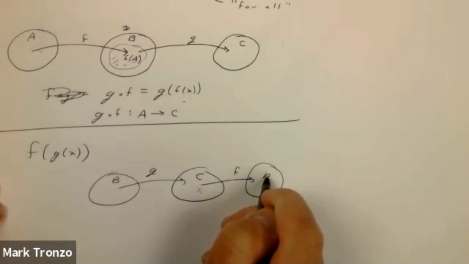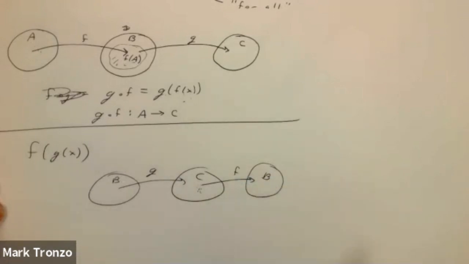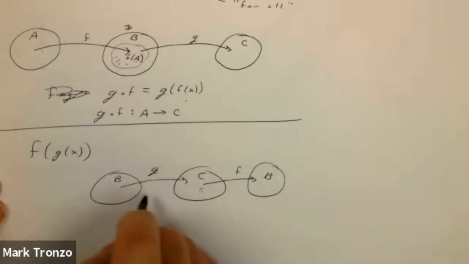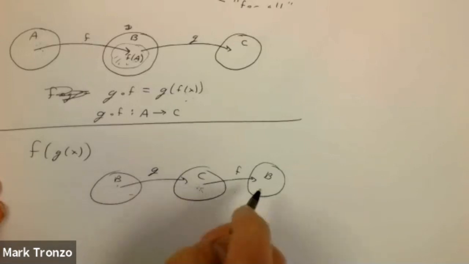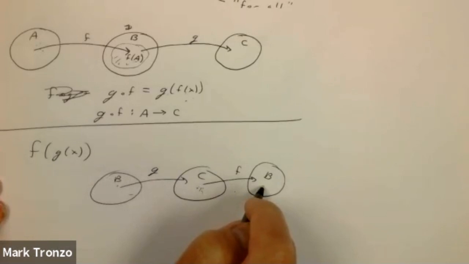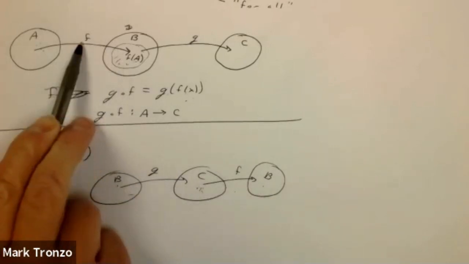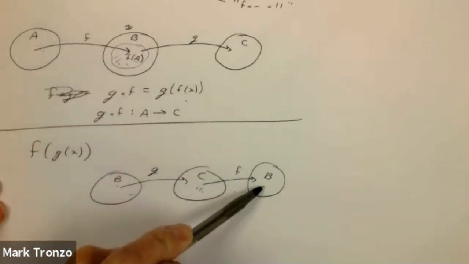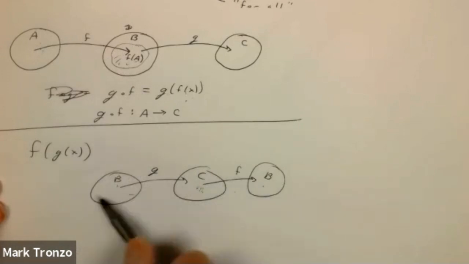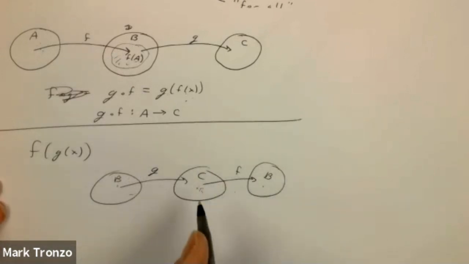It all depends. You have to define these, but you're right. Would it go from B to C, then possibly to B again? It looks like, according to this, our function f takes things into B. That would be the idea. You just have to verify that everything that comes out of g, you could actually put into f. You could actually have something like that.